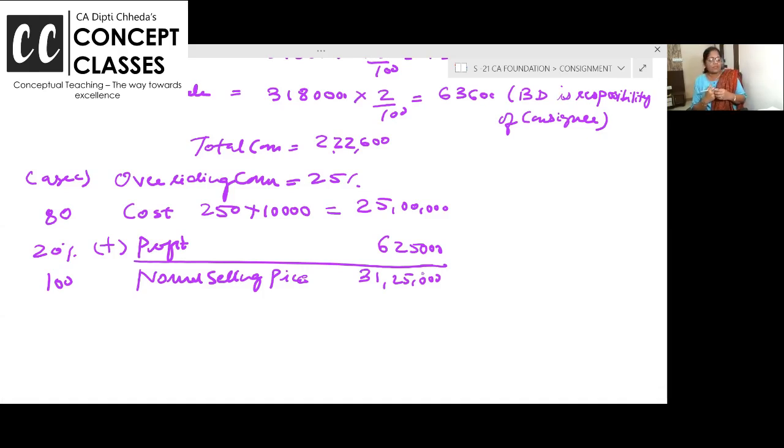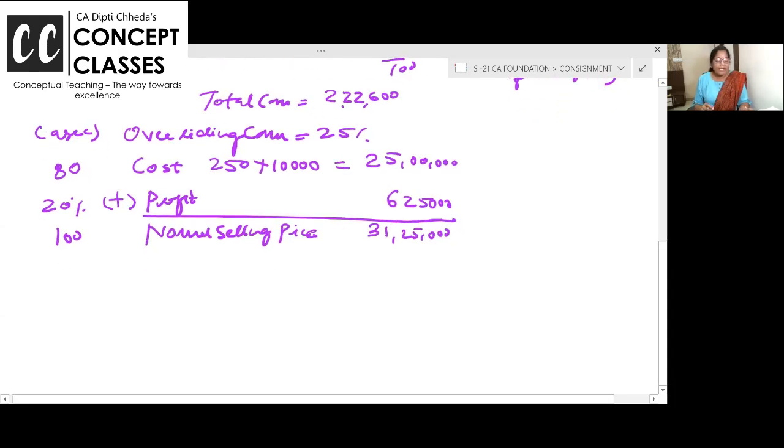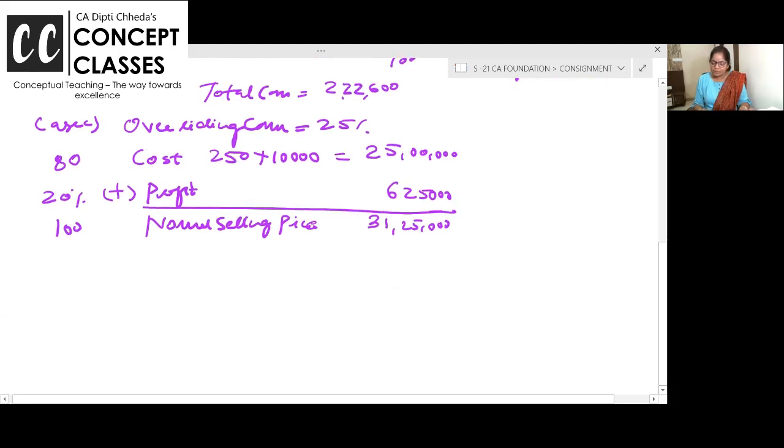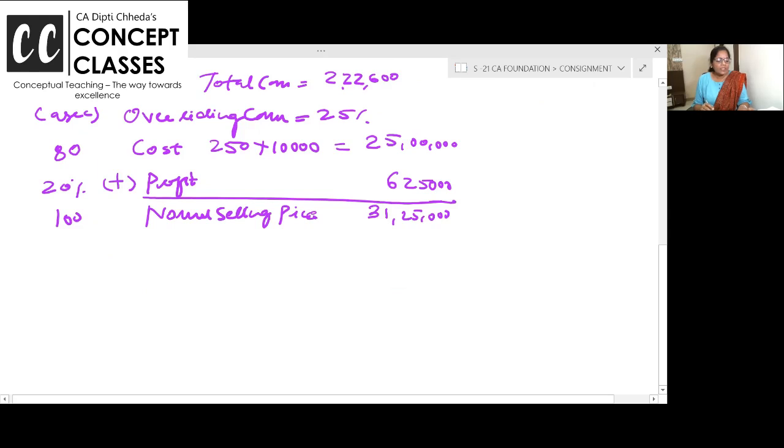We should have done it for units sold. I really missed it. Okay. So this is the cost of the goods I am going to sell. Now out of that, how many units are sold? How many units are sold? Can we get the normal selling price per unit?